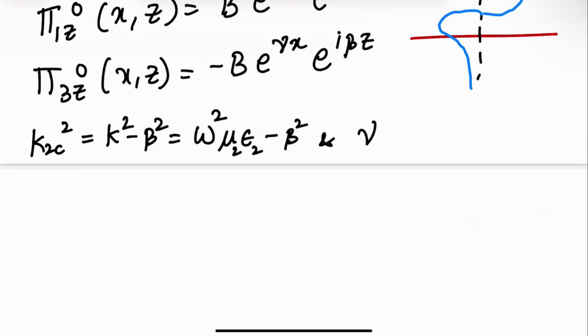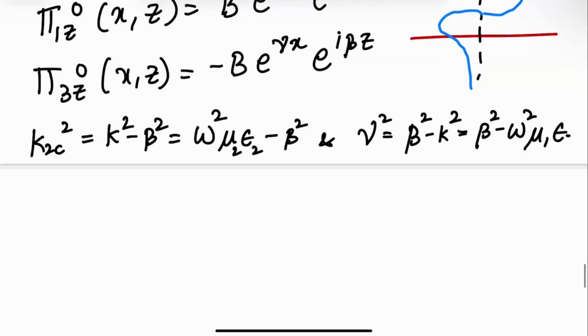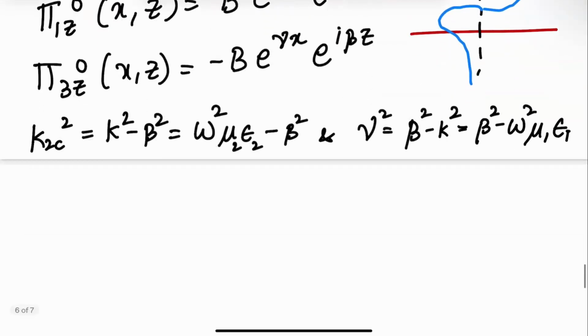And the other one was nu squared, because k1c and k3c are I nu, equal to beta squared minus k squared, which is beta squared minus omega squared mu1 epsilon1, or mu3 epsilon3, doesn't matter, right?